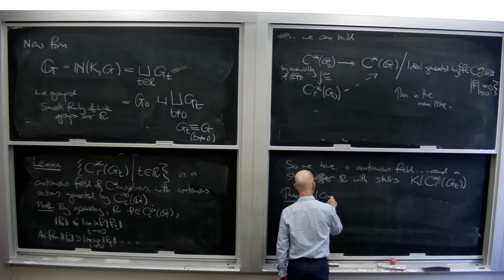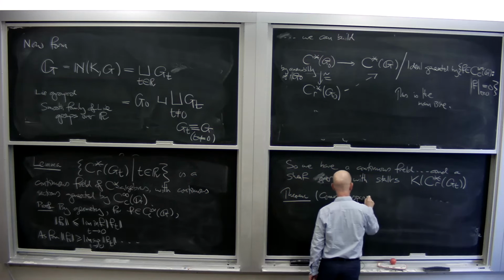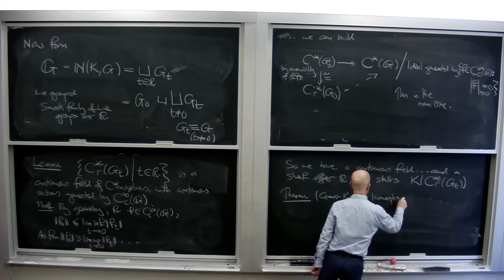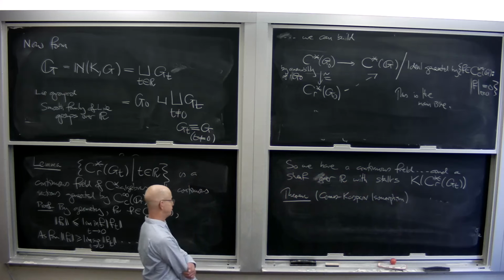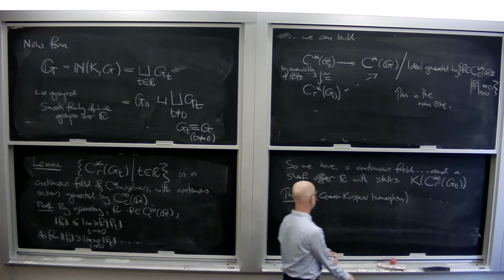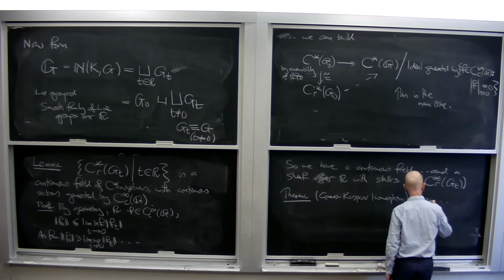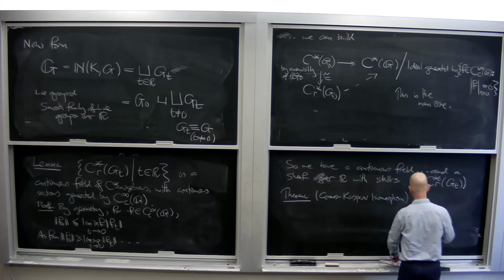This is the so-called Connes-Kasparov isomorphism, not conjectured by Connes and Kasparov, proved later by a motley assortment of people. But this sheaf is constant.